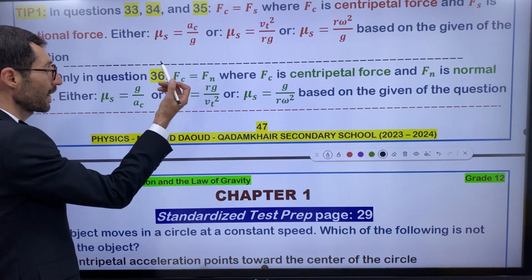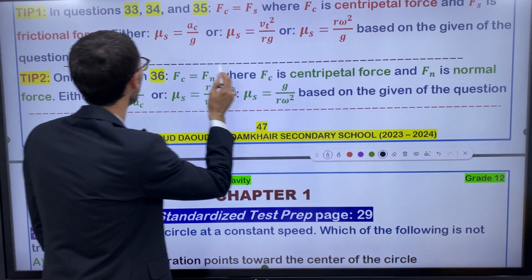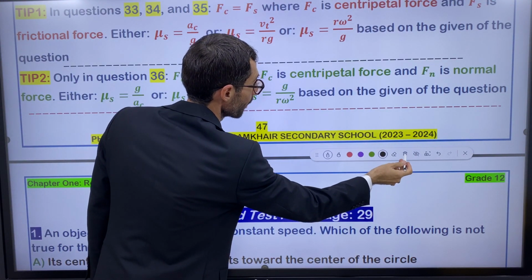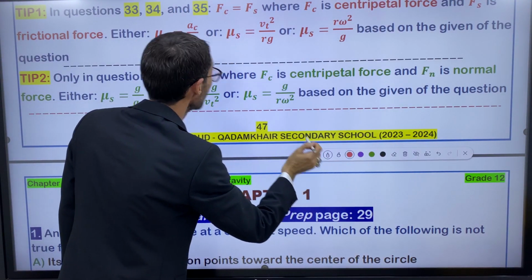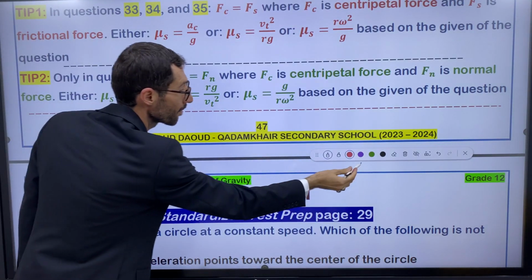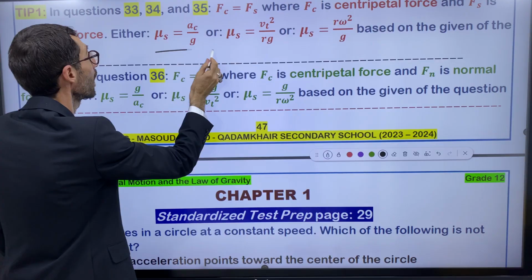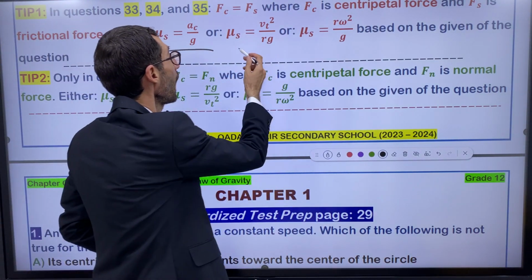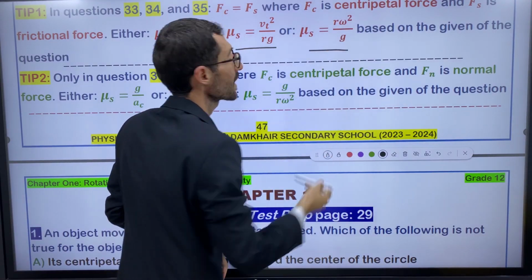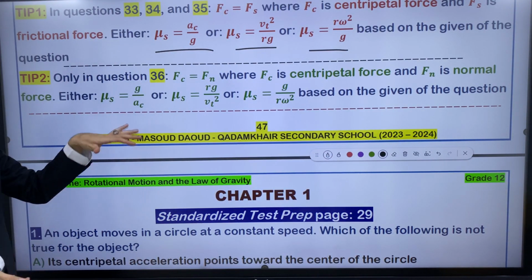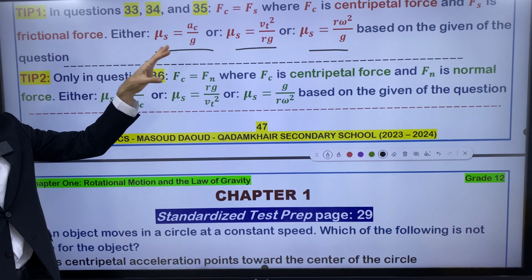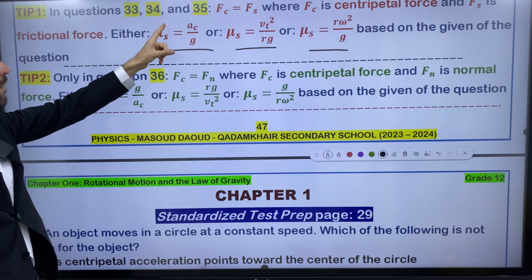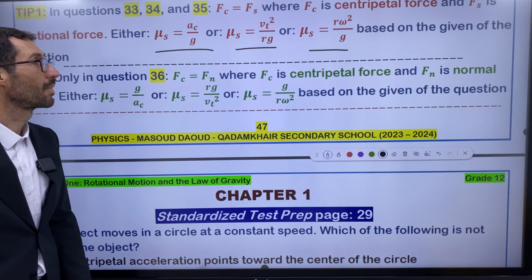So either mu s becomes AC over G, or mu s becomes Vt squared over Rg, or mu s becomes R omega squared over G. So there are three rules for finding mu s for questions 33, 34, and 35.